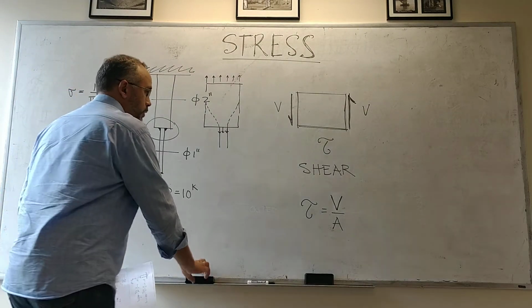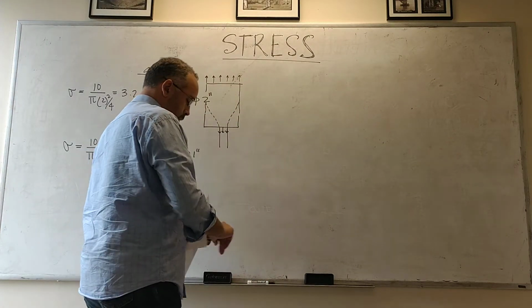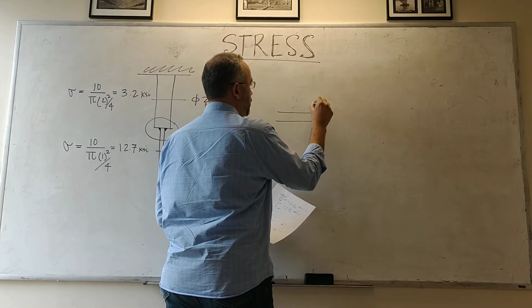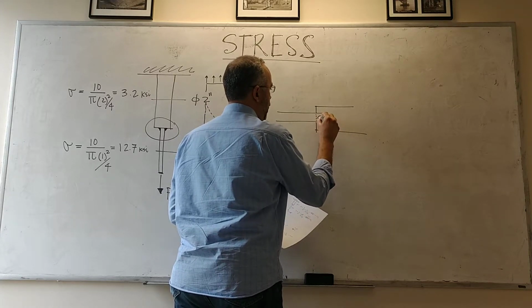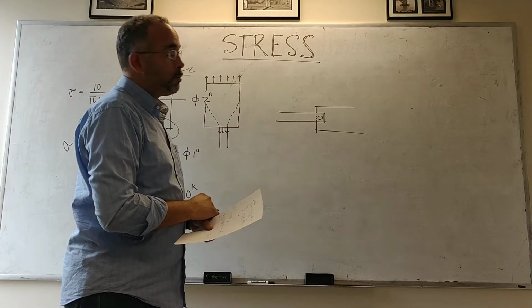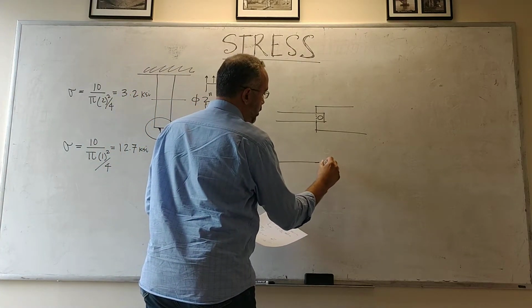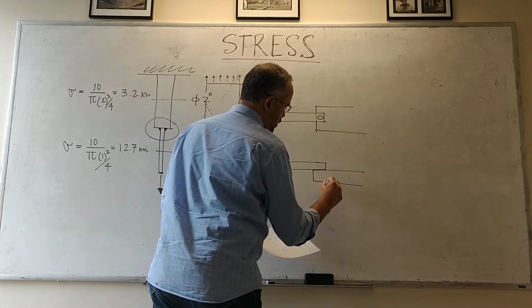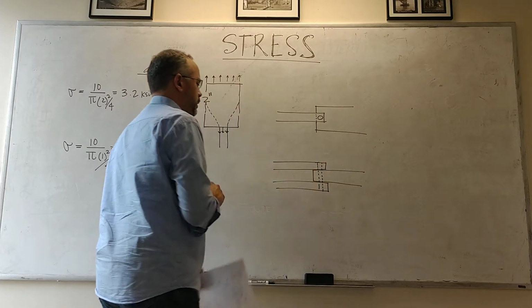As an example of shear stress, consider a connection that looks like this. Imagine you have two elements connected with a bolt. This is looking from the side. If you look from the top, you find something like this, and the bolt is going right through that.